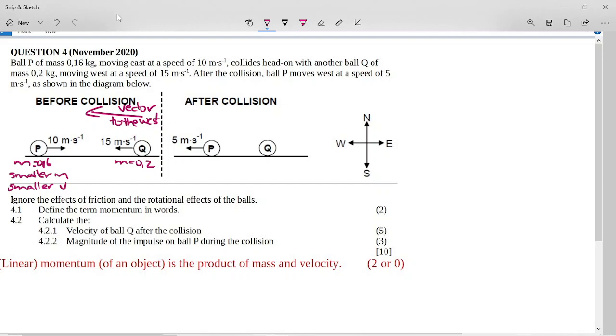So I would say to the west is the best vector direction. Then you have fewer negative numbers in your calculation.